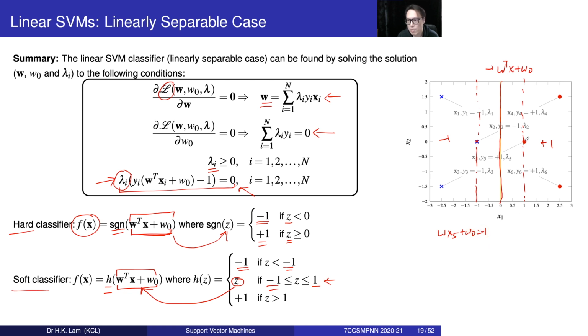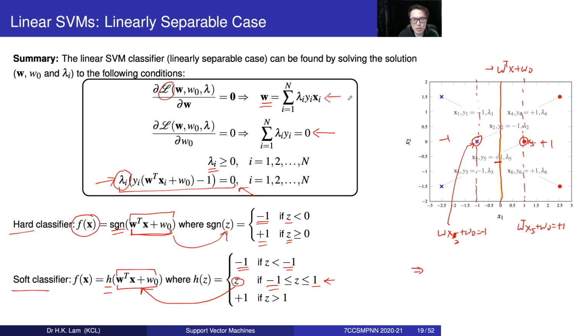And when you substitute this point, x2, it will give you +1, that is this label. So now these two are the support vectors.